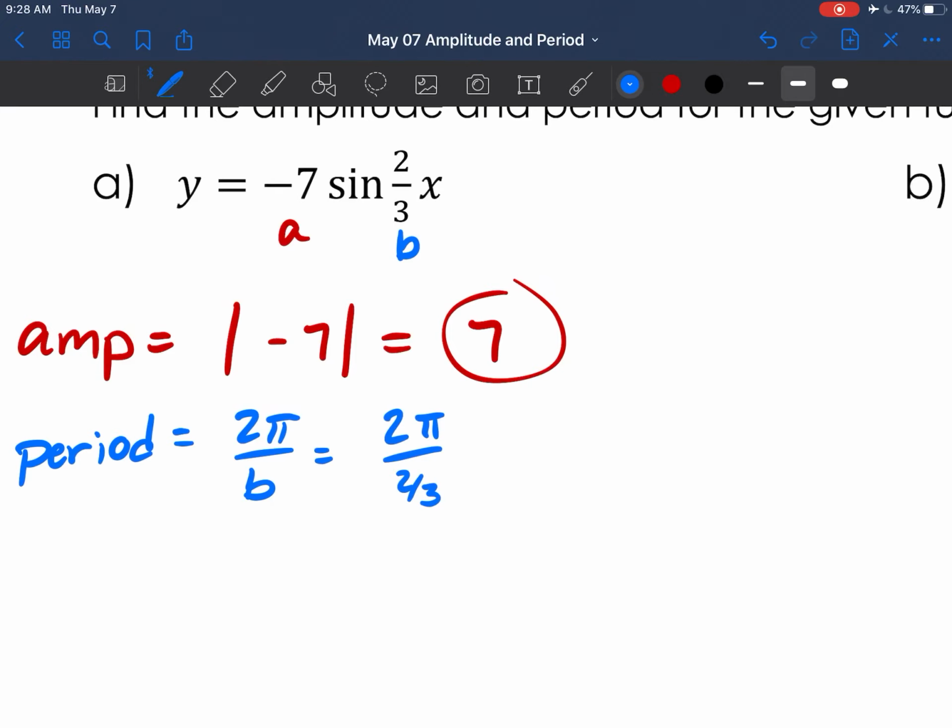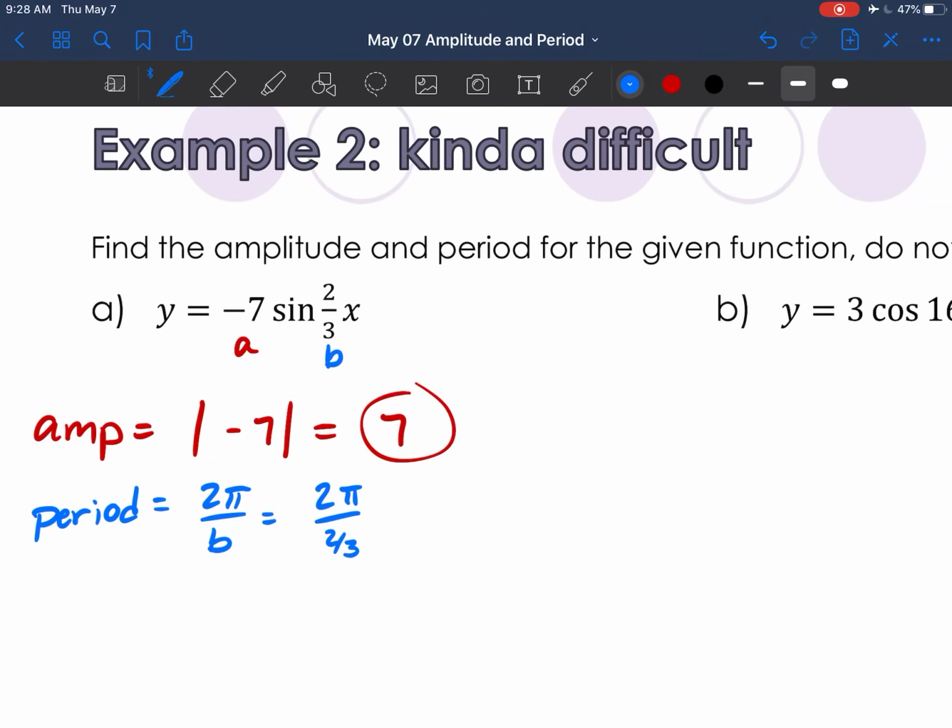Now, if you were going to do the same thing as before, you would change 2/3 to be a decimal. Now, that decimal is not as nice as a half because that decimal keeps repeating. So it'd be 0.6 repeating. So it'd just keep going on forever, right? And then when you divide 2 divided by 0.6 repeating, you'll get something really close to 3, but it's not exactly 3, but it's supposed to be 3 pi.